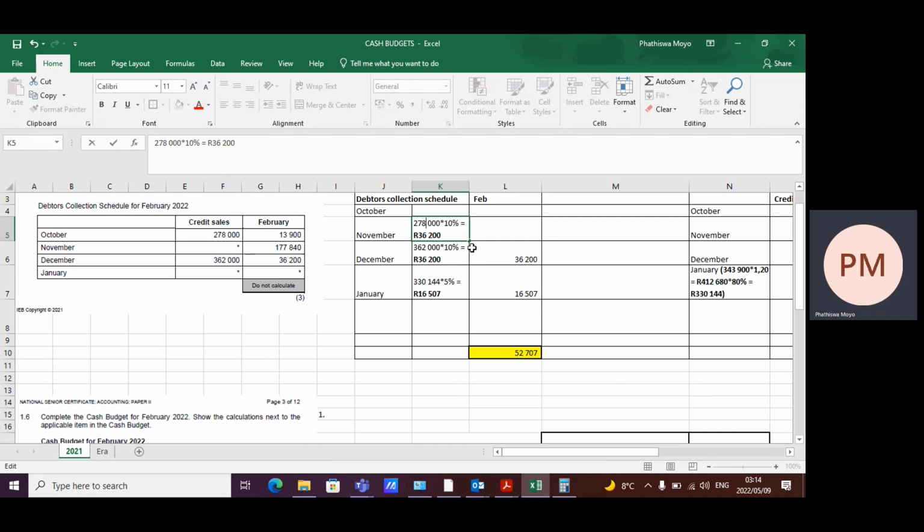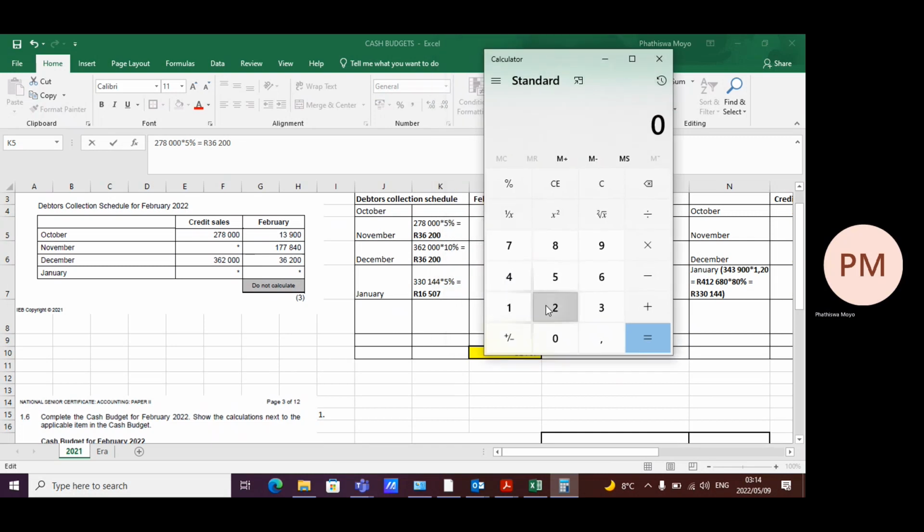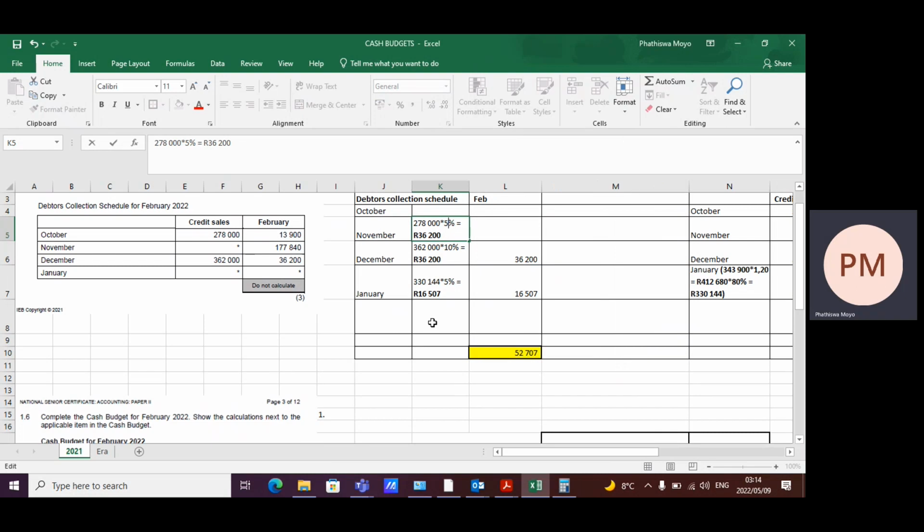Credit sale, 5% is collected in November. It's 1 month after the sale. 13,900.